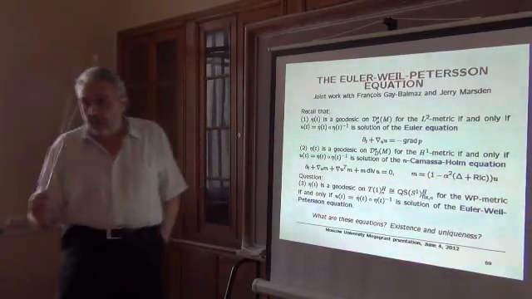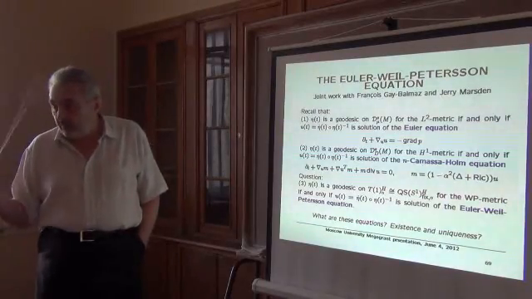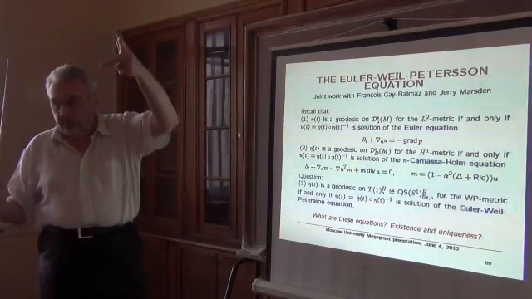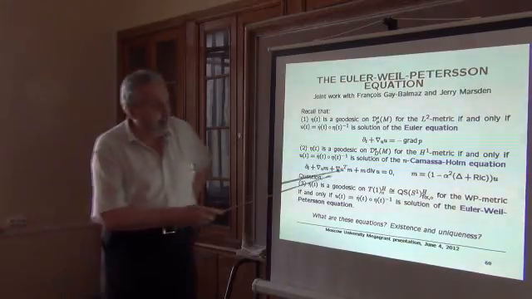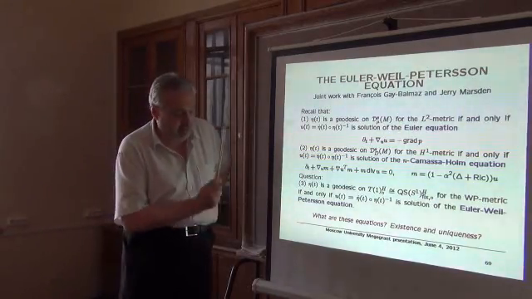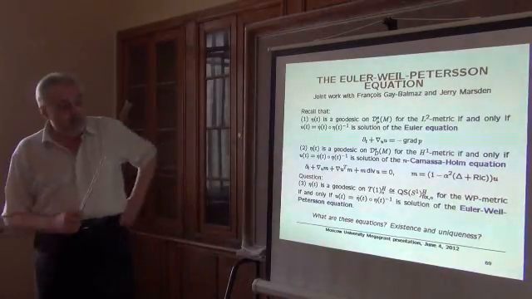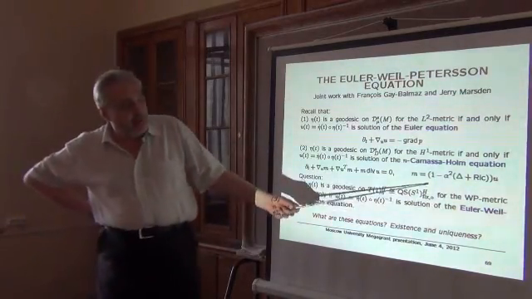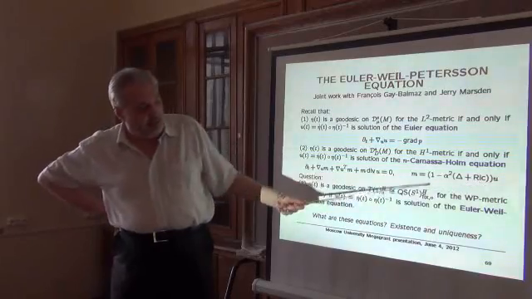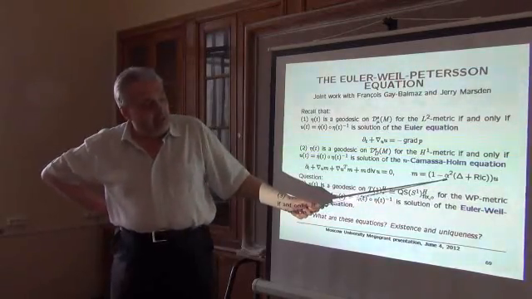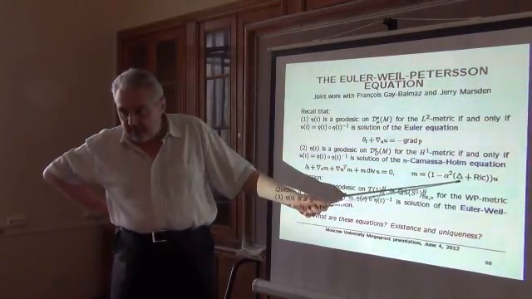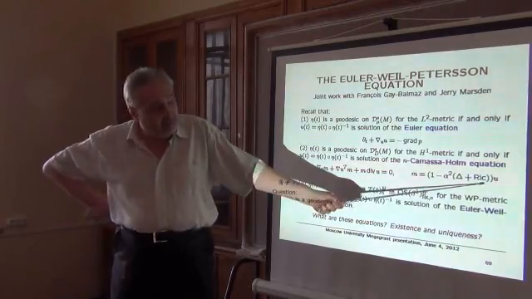You think of nabla u as a 1-1 tensor and transpose relative to the metric, so you flip both indices with g_ij. You apply m to it, I'll tell you who m is in a second, plus m divergence of u is equal to 0. Where m is this object, the Ricci Laplacian. It's a regularization operator, 1 minus alpha squared times the Laplacian, the Hodge Laplacian, d delta plus delta d, plus Ricci curvature.